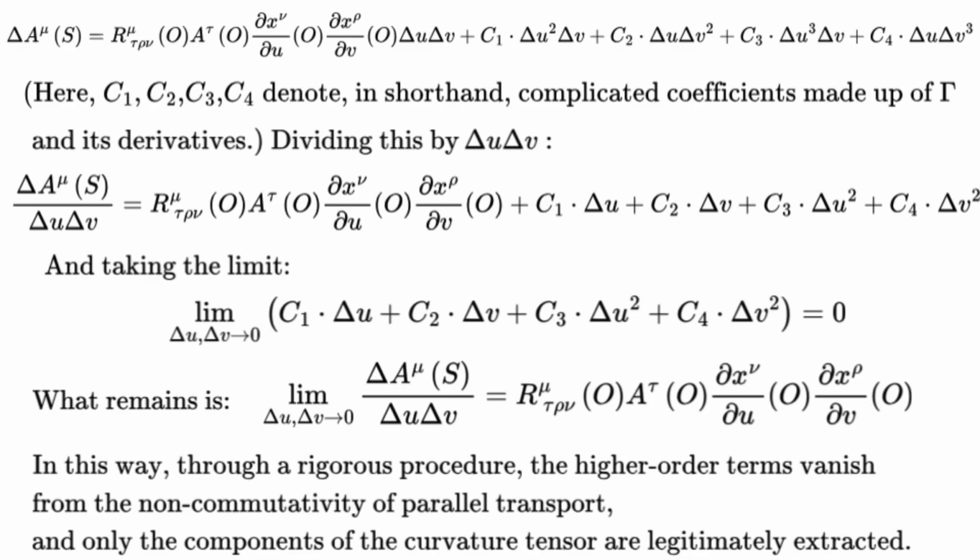Dividing this by delta U delta V, and taking the limit, what remains is... In this way, through a rigorous procedure, the higher-order terms vanish from the noncommutativity of parallel transport, and only the components of the curvature tensor are legitimately extracted.